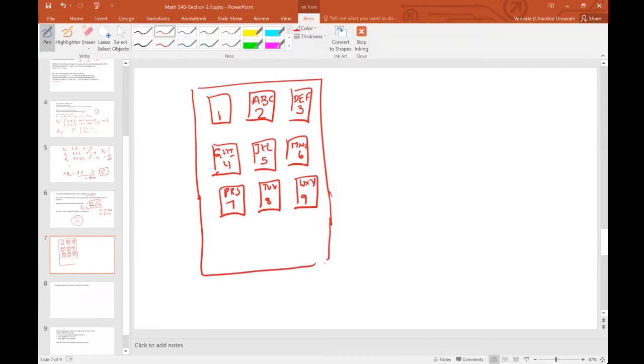I'm pretty sure there is one more line. There is going to be a star here, a 0 there, and a pound sign. I think this is the way the telephone pad looks, right? I think I'm okay here.